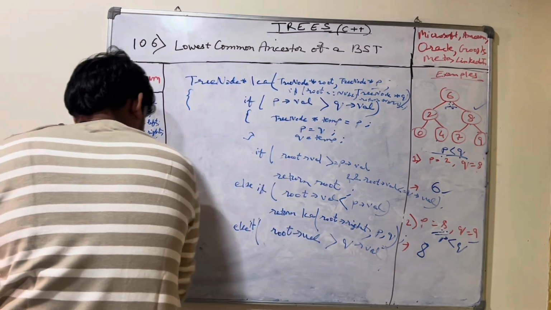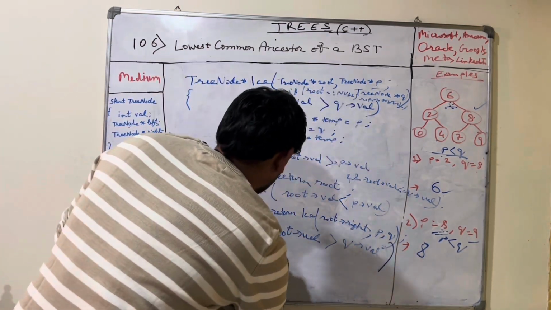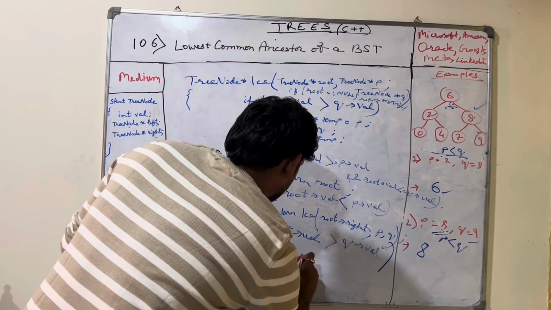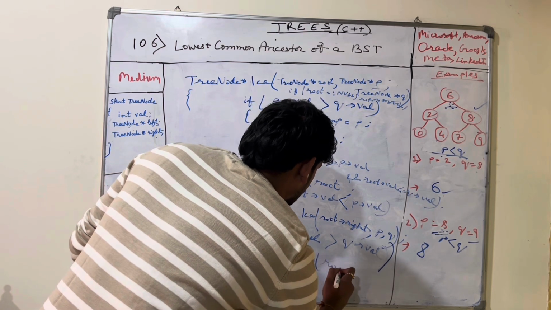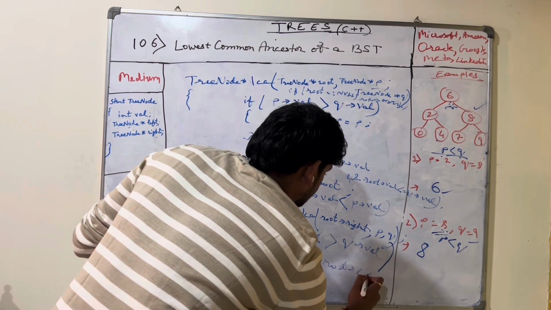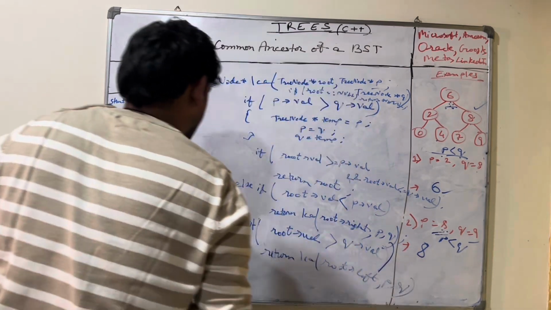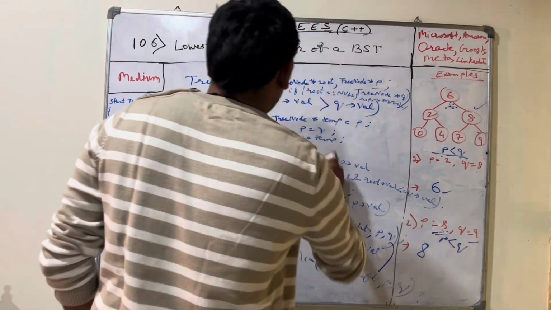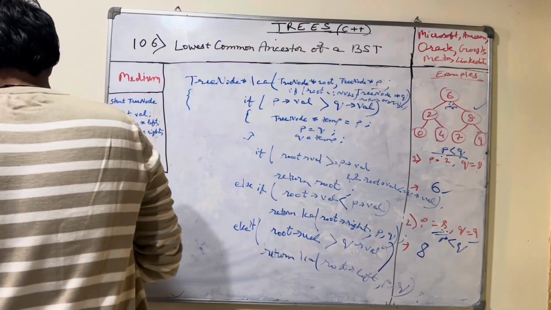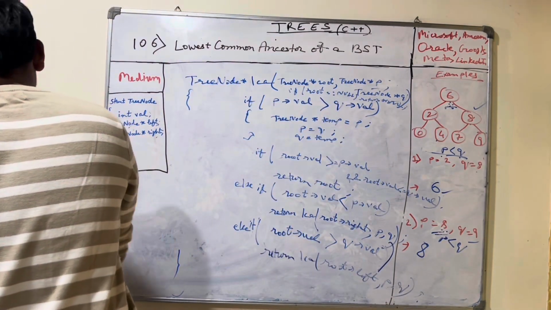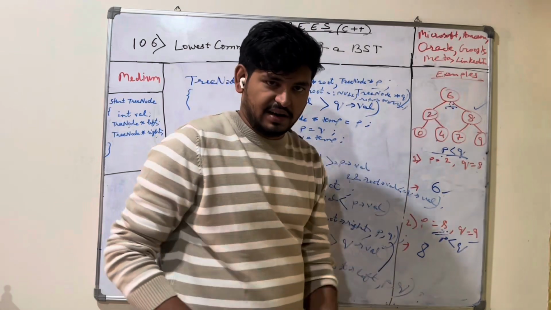We want to return LCA root left, we will go left. We want to reduce the value and then p, q. Okay, and this will give us our answer. The time complexity would obviously be order of log n because we will always be traveling in one direction.